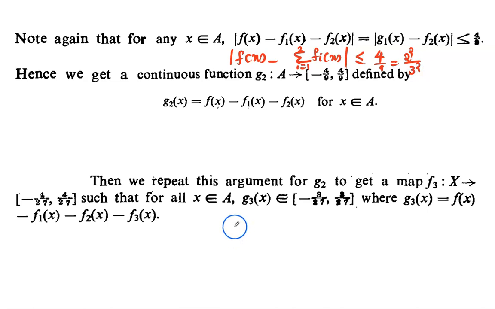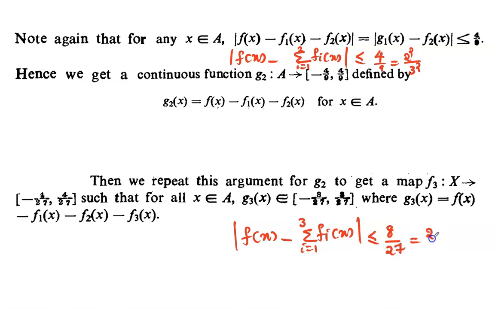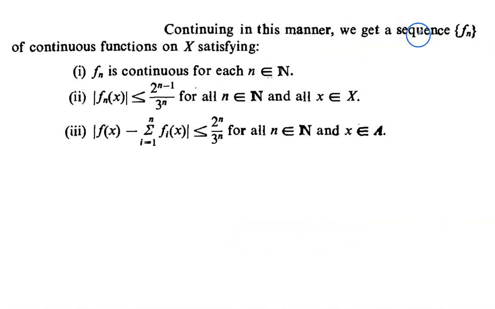Similarly, modulus of f of x minus sigma i varying from 1 to 3 fi of x is less than or equal to 8 by 27, which can be expressed as 2 cube by 3 cube. Thus, we can see that every term of this sequence fn will satisfy all these three relations.